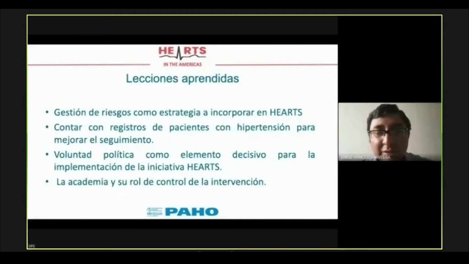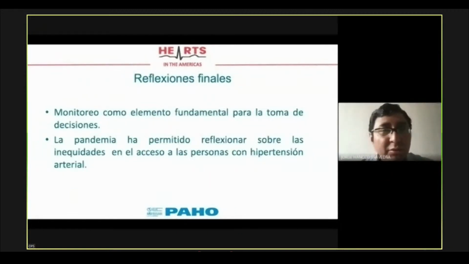Political will is another decisive element for the implementation of the HEARTS Initiative. We have to know what are the points of motivation and interest existing at these facilities. And of course, the role of the academic sector in intervention control is essential, and that is key to improving care in all of these facilities.